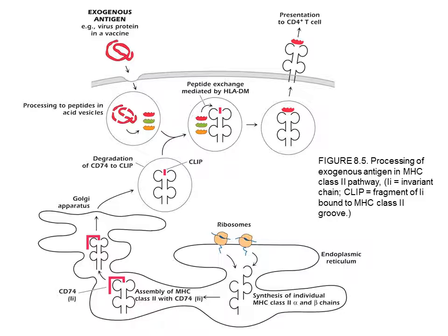I'm pretty sure you know that. Antigen usually can come by two routes. They can be exogenous, outside the cell, or endogenous, inside the cell. Okay? Let me give you an example where an exogenous antigen could be a virus protein in a vaccine, just like we give you a flu shot.